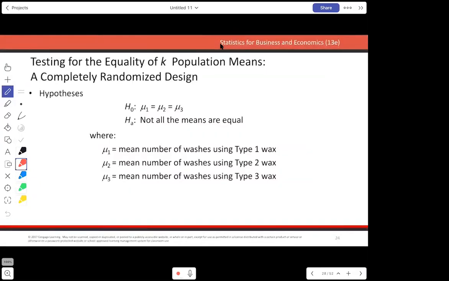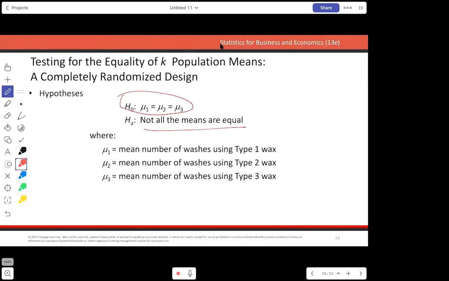So the hypotheses will be written as follows. All the means are the same, or not all of them are the same. You don't try to put notation on that one. We just say not all of them are the same, because then you'd have to say mu1 is not equal to mu2, or mu1 is not equal to mu3, or mu2 is not equal to mu3. That's too much.